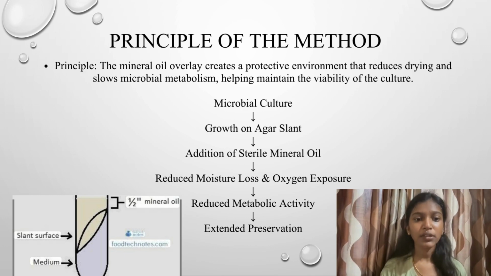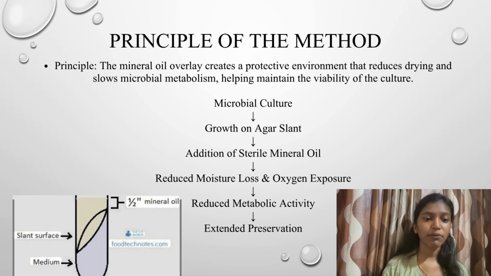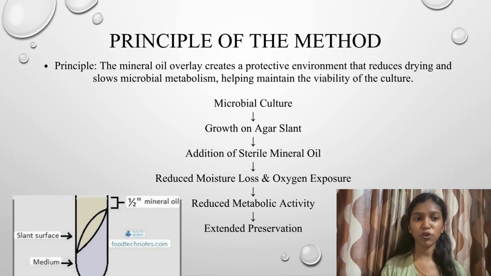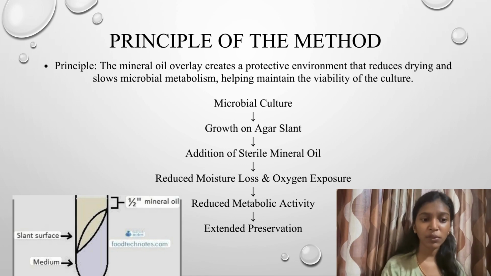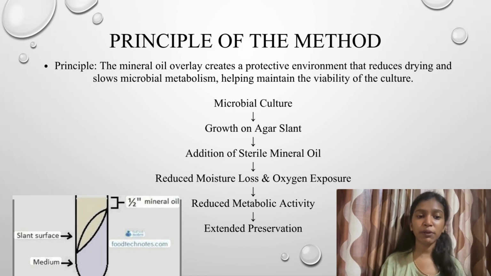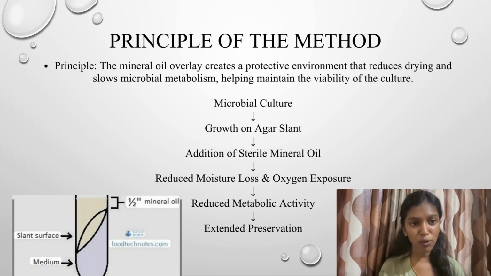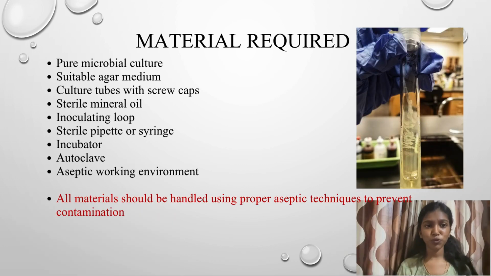As a result, the metabolic activity of the microorganism is reduced. This helps the microorganism remain viable for an extended period. In a simple example, we can see that the mineral oil is a protective covering that helps prevent the culture from drying out. We will move to the next slide, which is material required for this process.